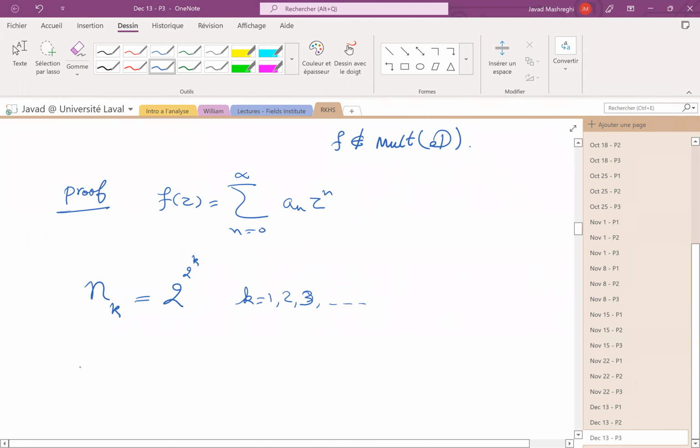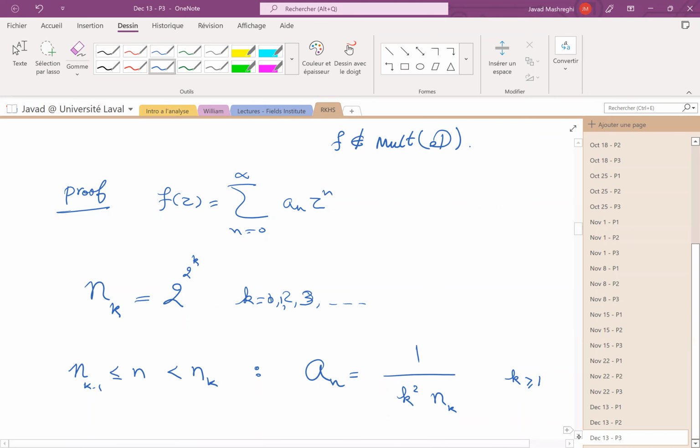And in between n_{k-1} and n_k, I define a_n to be the constant 1 over k squared times n_k, for k bigger than or equal to 1. If I put k=1, you have 0, but it's okay. I can start from 0 here: 0, 1, 2, 3.